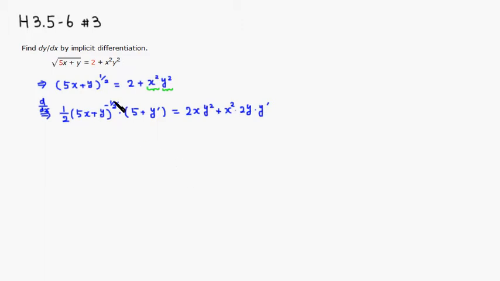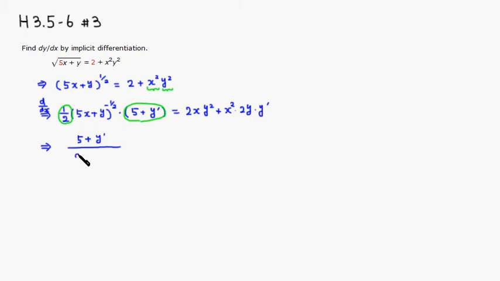All right, so I'm going to rewrite the left hand side a little bit. So this is going to be equal to, we have this on top, so I'm going to write 5 plus y prime, and over, so there's a 1/2 here, so 2 is going to be on the bottom.